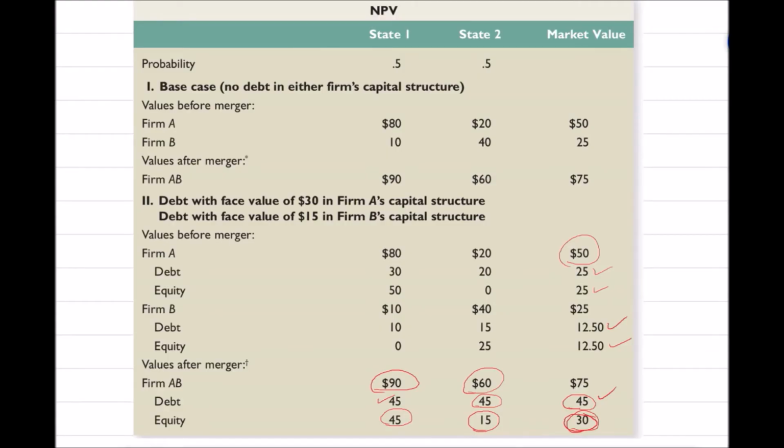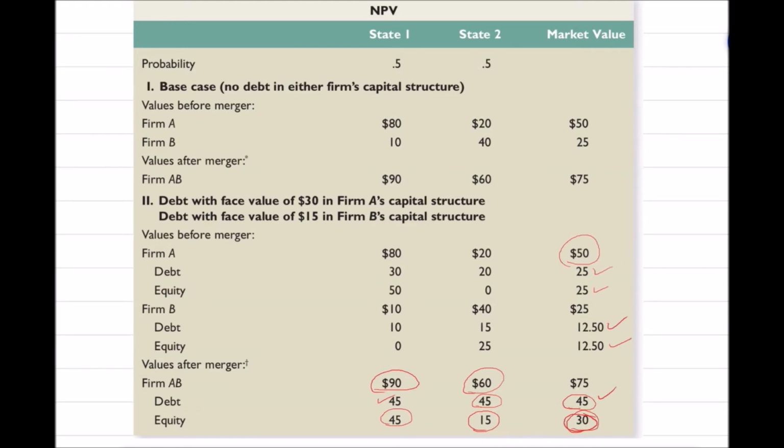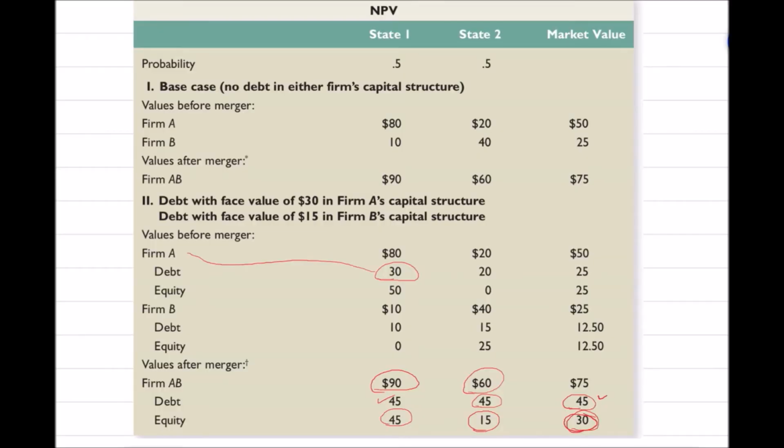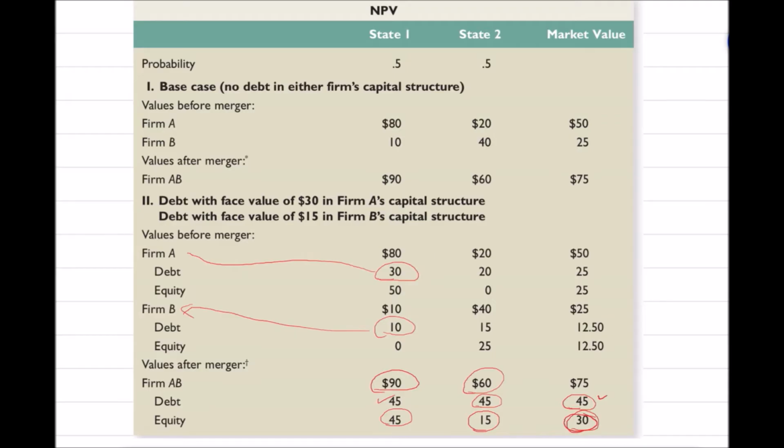This shows that some of the money of the firm is going towards the debt holders because of reduced risk. Actually, what happens here is, before the merger, these debt holders were insured only by their respective firms, right?